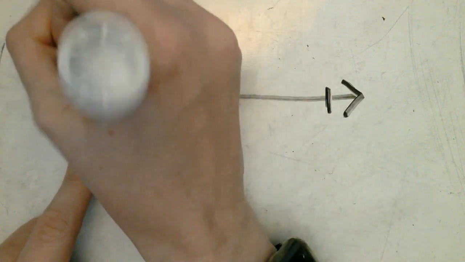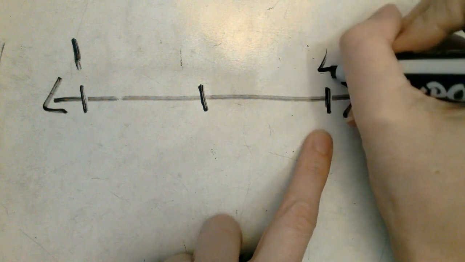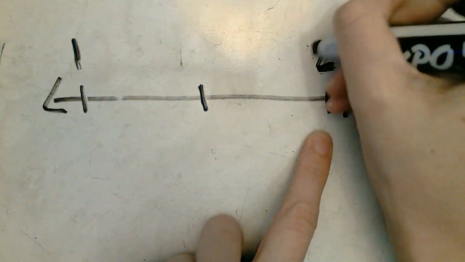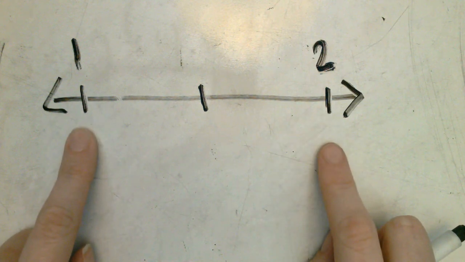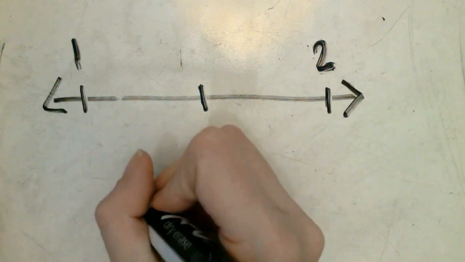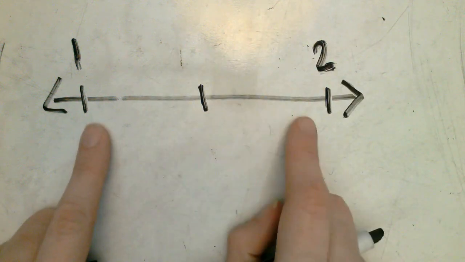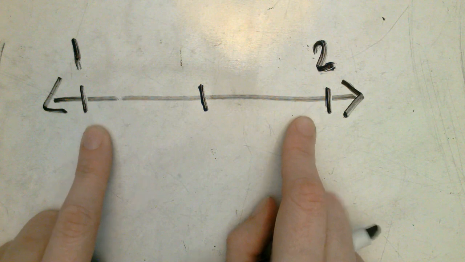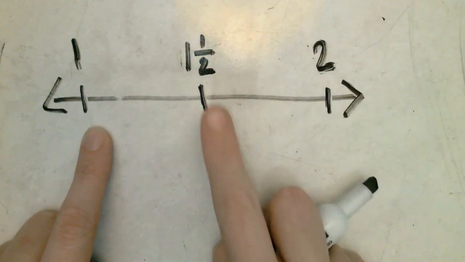And on the left side, on our endpoint, we're going to have a 1. And on the right side, on our endpoint, we're going to have a 2. So this is where our number line starts and ends. Let's plot the middle point here, since it's right between 1 and 2, would be 1 and a half.